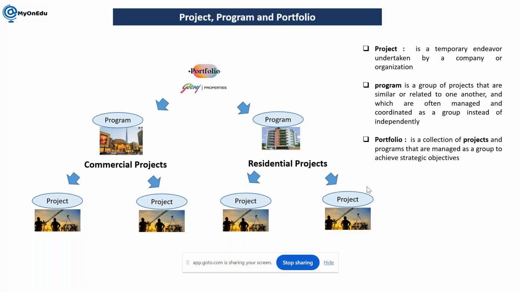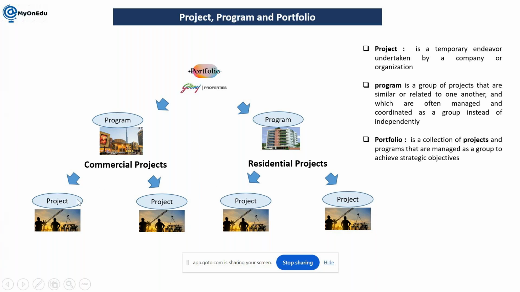For example, let's say Godrej Properties is doing projects in two different verticals. One is commercial projects, another is residential projects. In commercial, they are constructing malls and retail markets, and in residential, they are constructing townhouses.